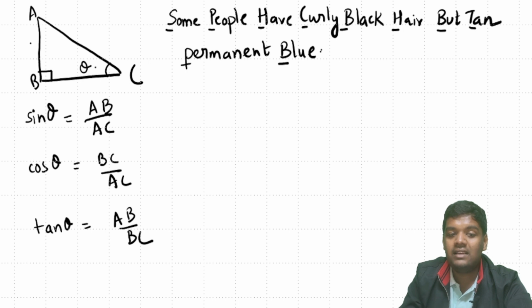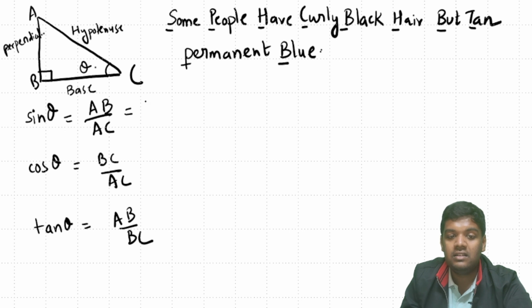So for angle C, AB is called its perpendicular and BC is called its base and AC is the hypotenuse. These are the general terms of a right angle triangle, right? Now, sine theta is AB by AC, which is nothing but perpendicular by hypotenuse, right?